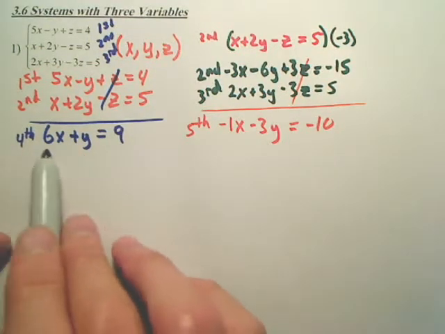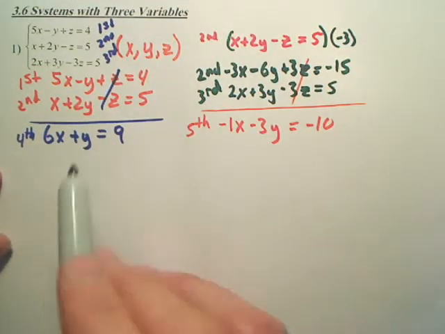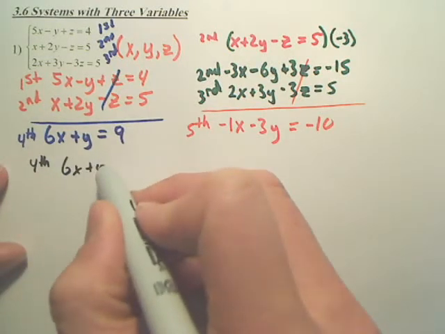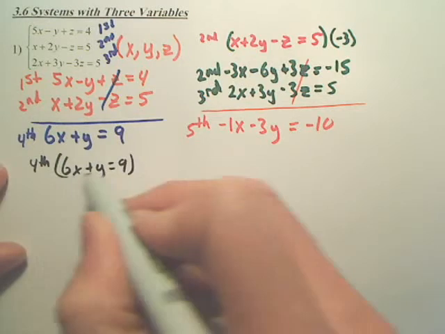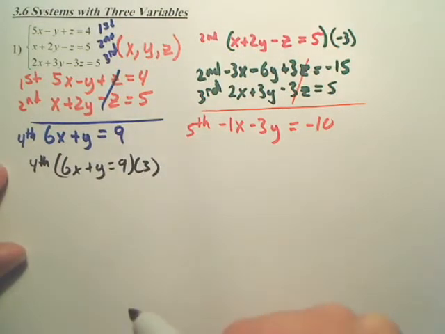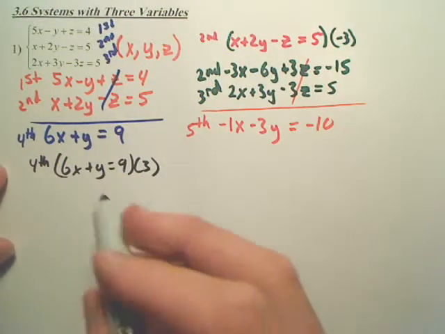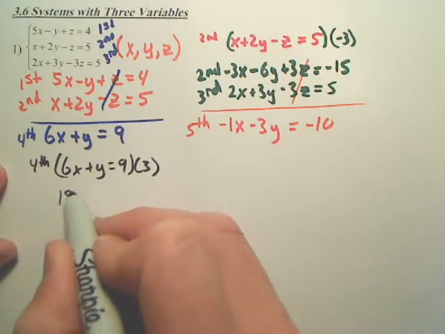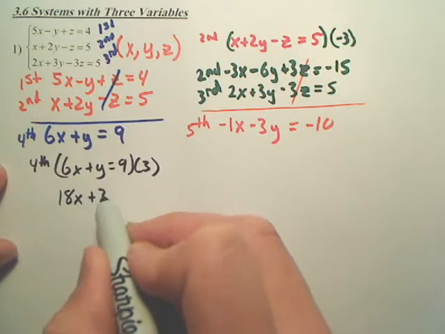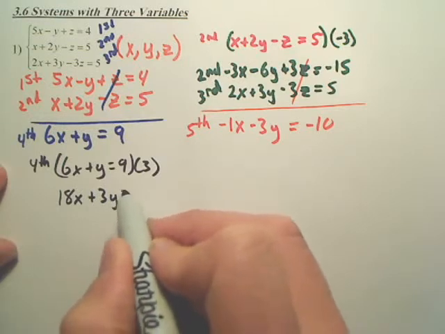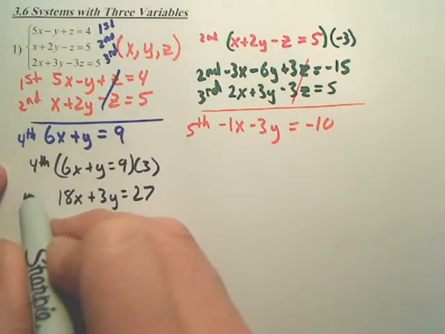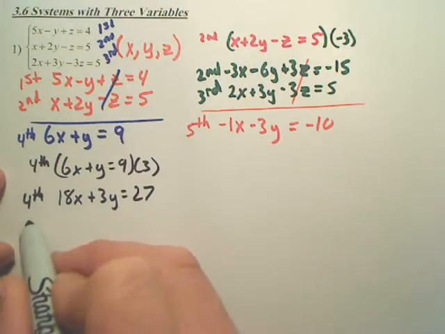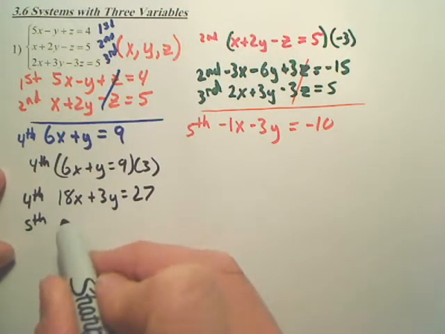Would it be easier to multiply this one by 3? Yep. So if I take the fourth equation and multiply it by 3, I end up with 18x plus 3y equals 27. Again, that's my fourth equation. And then I just take my fifth equation and put it underneath.